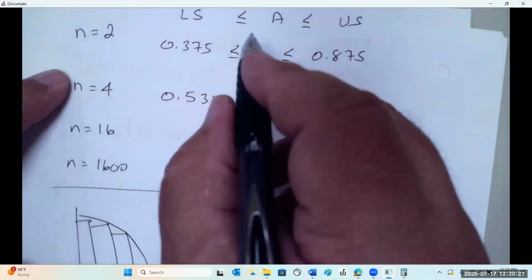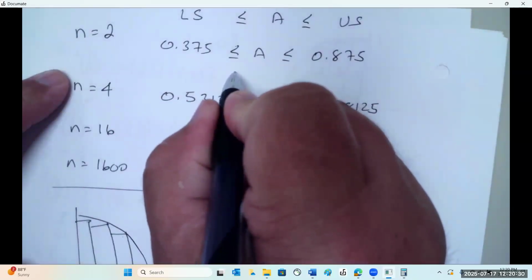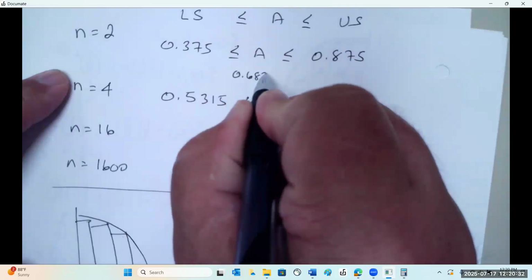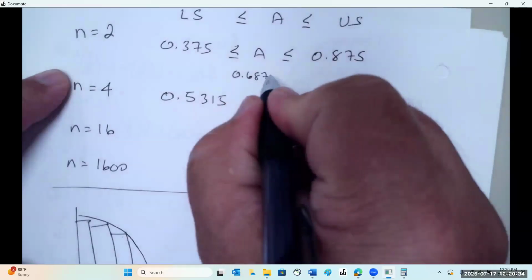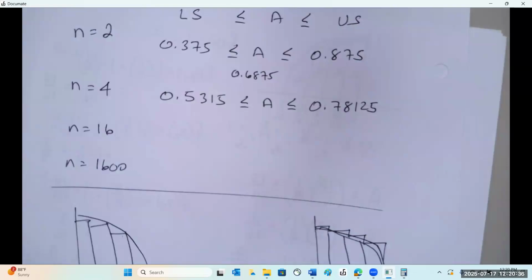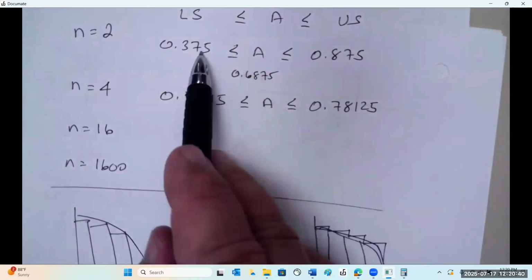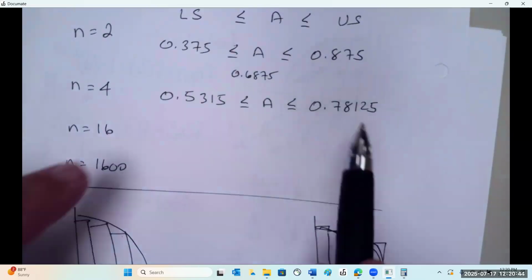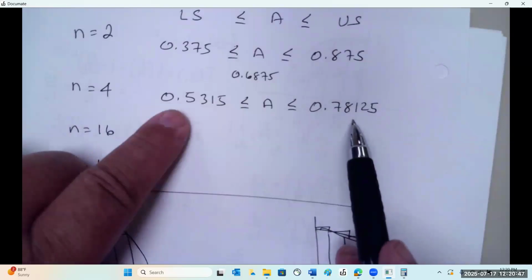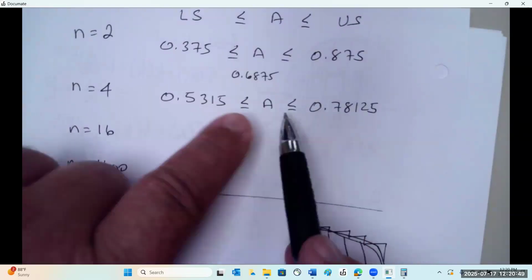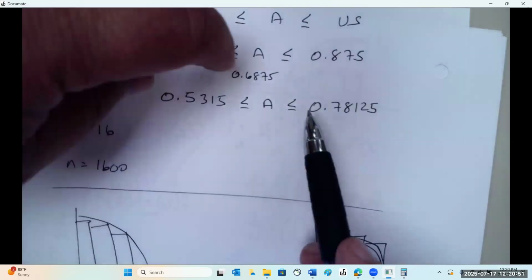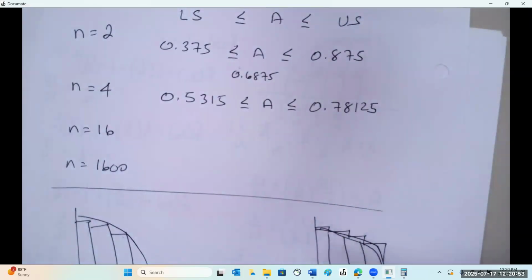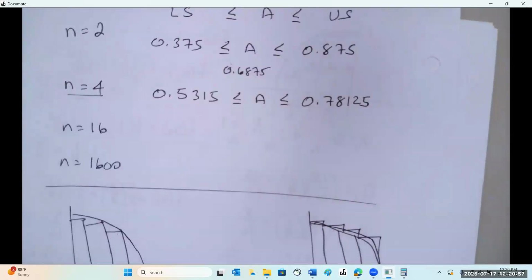So when we divided it in two, the midpoint area gave us 0.6875. That's a lot better than these other ones because we know these are approaching, it's 0.5 here, 0.7 here. It's going to be 0.6 something. So we're automatically getting much better results if we use the midpoint. Let's try when n equals 4.